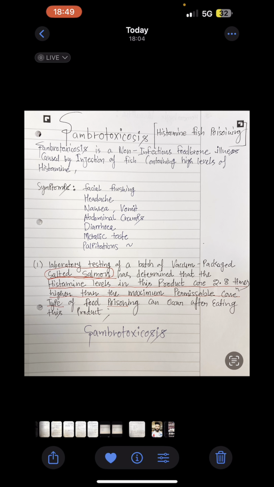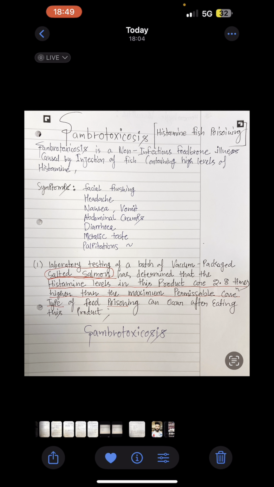Let's see the case study. So the patient ate a batch of vacuum packed salted salmon. It was determined that the histamine level in this product is 2.8 times higher than the maximum permissible concentration. So a type of food poisoning.